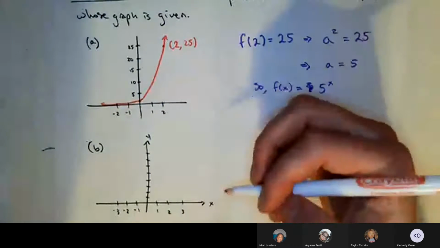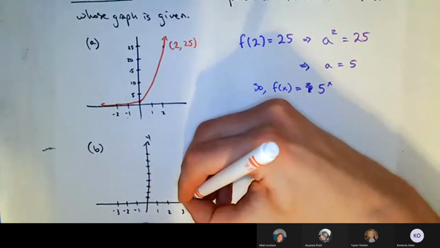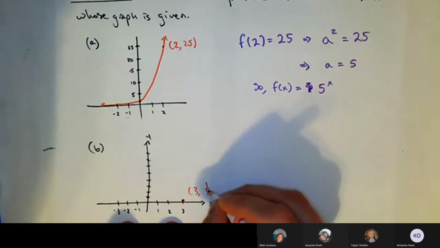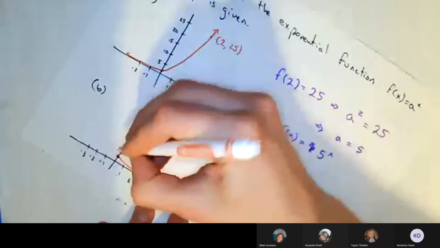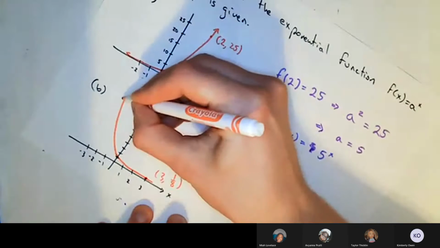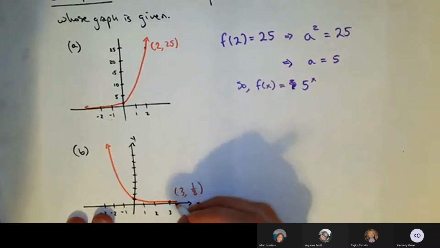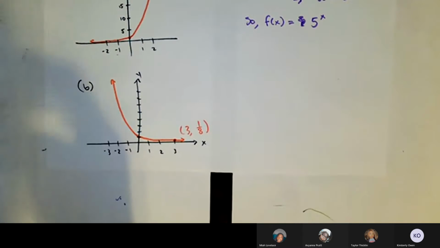All right, so now this one, they tell me goes through 0, 1, which is normal, and it also goes through this point 3, 1/8. Let me turn my paper for a moment so I can graph this function. And I'll just draw it like that, not worrying too much about this side, worrying more about that point that they explicitly gave me there.